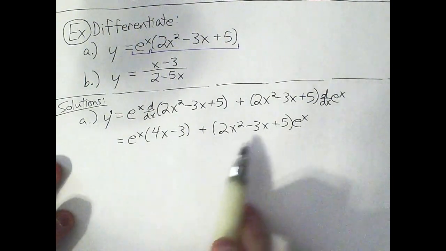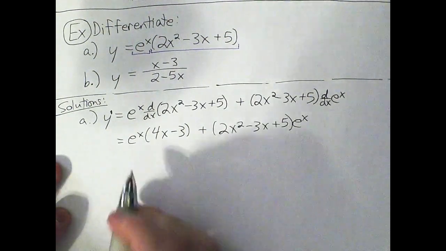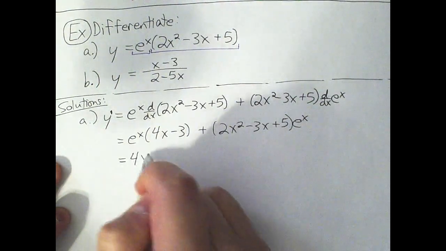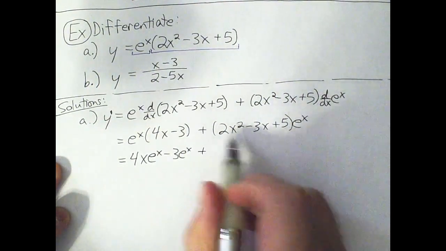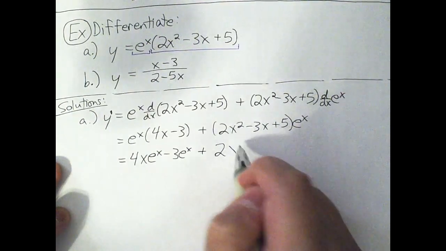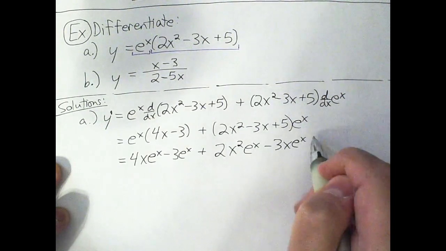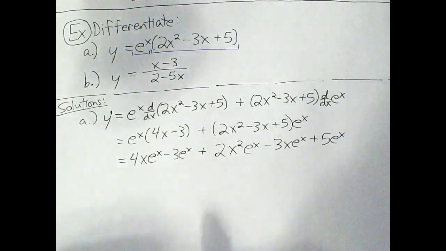I have a feeling that between these two pieces, there might be something that combines. So let's distribute. Let's write this as 4x e to the x minus 3e to the x. And let's distribute here also: 2x squared e to the x minus 3x e to the x plus 5 e to the x. And then we look for things that are the same type of term.